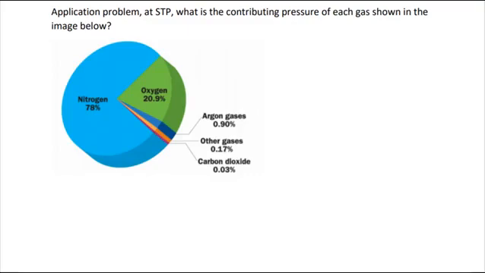And finally, another application problem. At STP, standard temperature and pressure, what is the contributing pressure of each gas shown in the image below? Remember, standard temperature is 0 degrees Celsius.